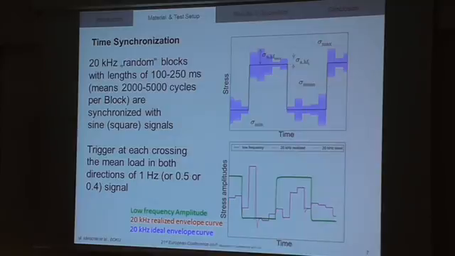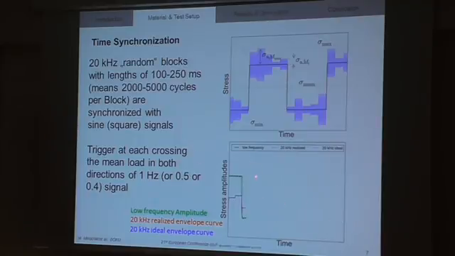A new block of ultrasonic random signals will start, and in the block, after 200 to 250 milliseconds the next random block starts, which means after 2000 to 5000 cycles per block the next ultrasonic block will start.